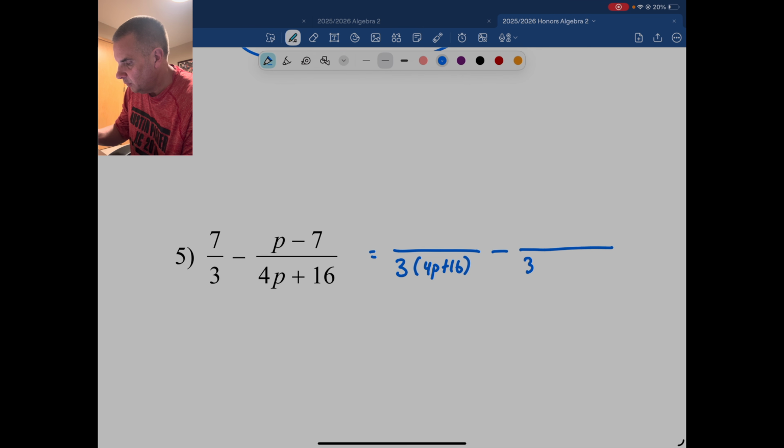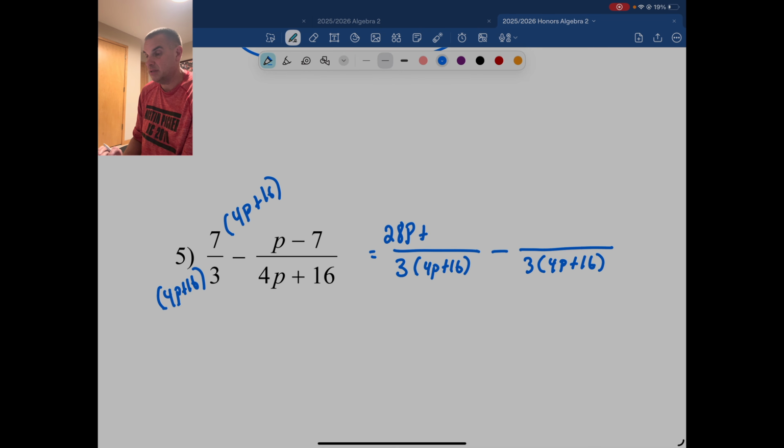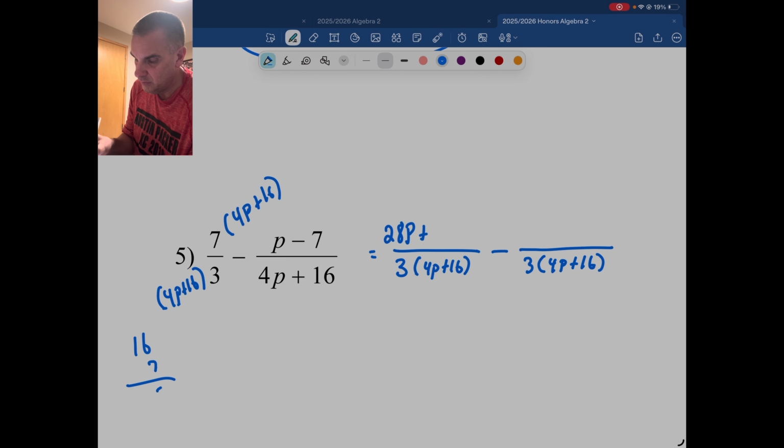So I got to multiply this by 4p plus 16. That's 28p plus some big number. I don't have a calculator. 16 times 7, 2 for 112. That's 112.